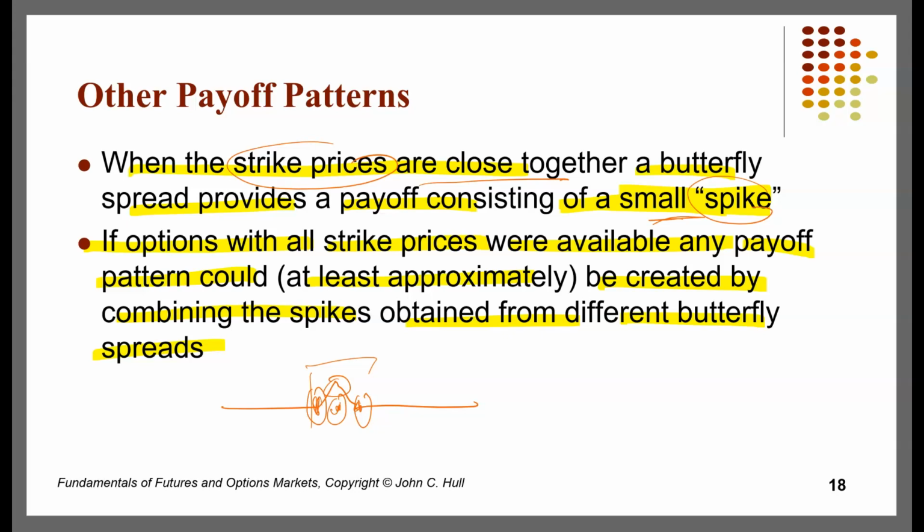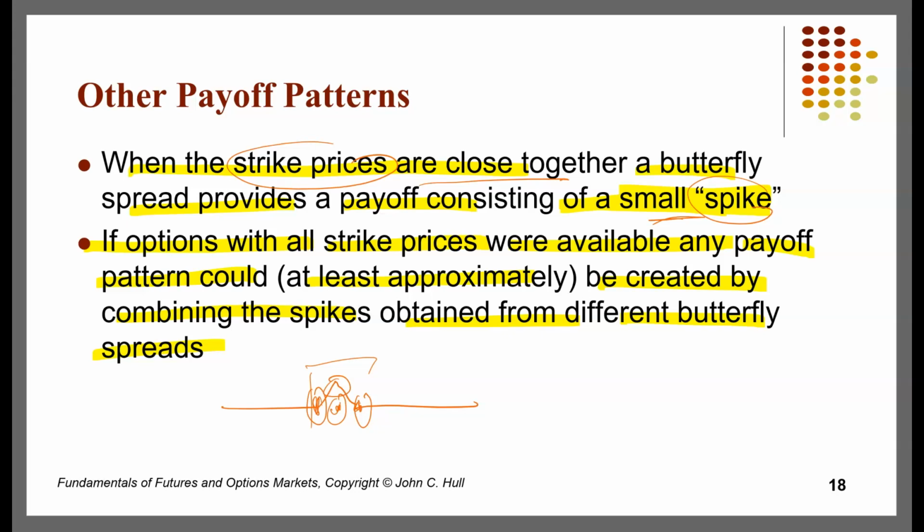Following the box spread, we were also able to construct the butterfly spread, which was a combination of call options. For our butterfly spread using calls, we used two long calls and two short calls.